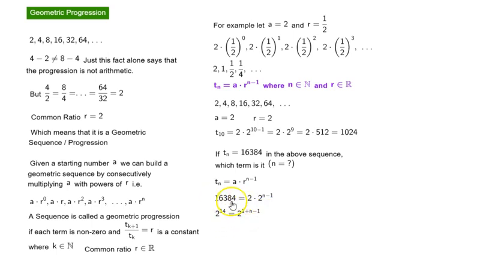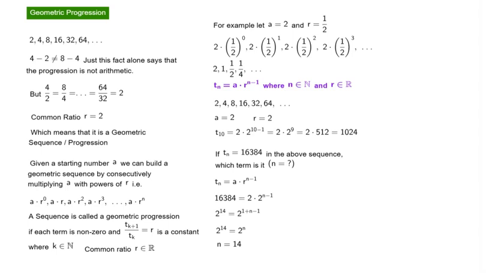And on the left hand side, we convert it into a power of 2. So we have 2 to the power of 14 equal to 2 to the power of n. And since the bases are equal in this equality, that means the exponents are also equal. So n is equal to 14, which means when Tn is equal to 16384 in this sequence, then n is equal to 14. That means this is the 14th term.